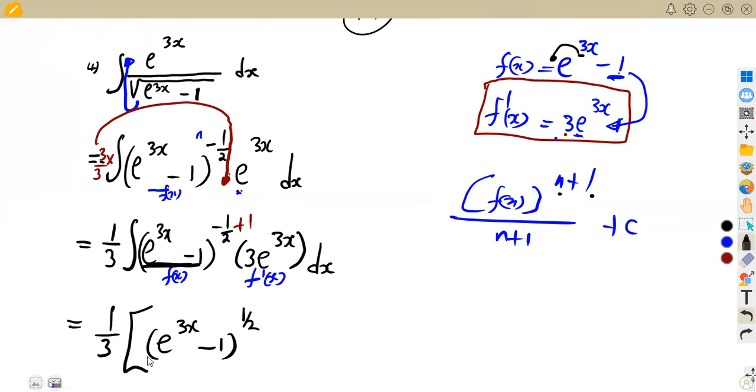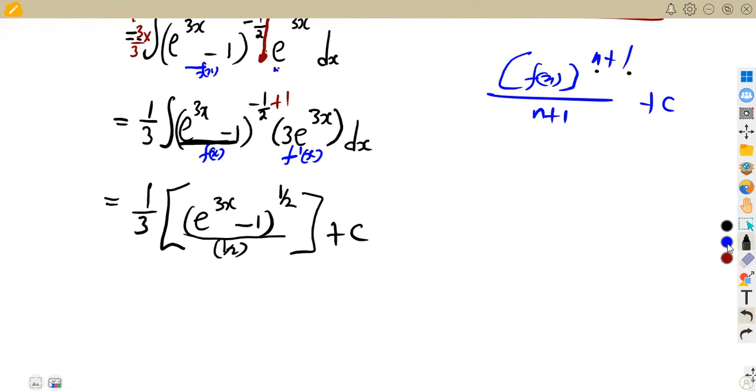So that's a half here over a half again, plus the constant of integration. So remember, like I explained before, 1 divided by a half, we ended up having a 2 here. So we are going to multiply a third times a 2, which is 2 over 3.